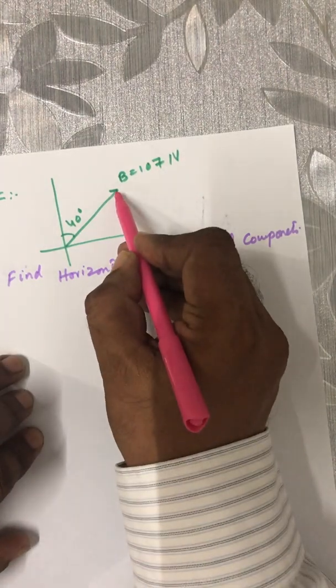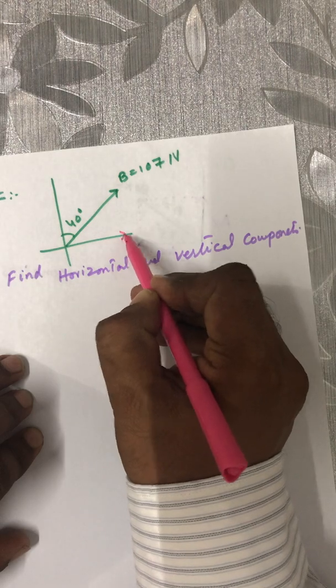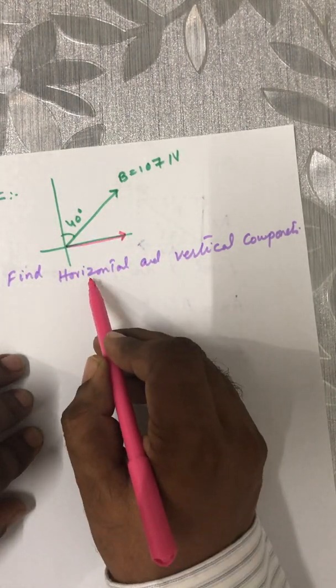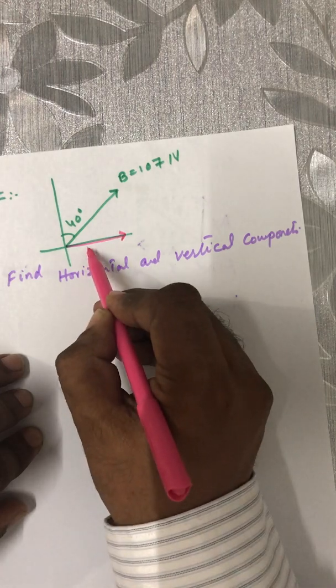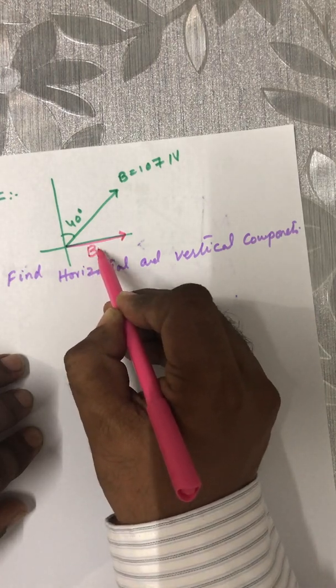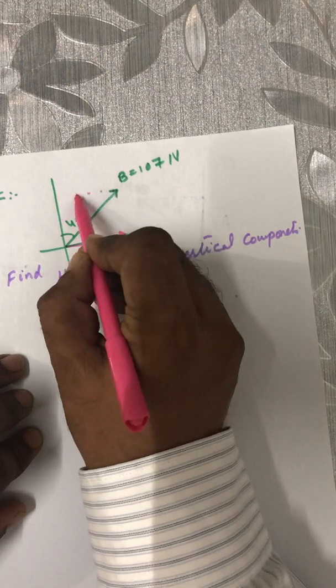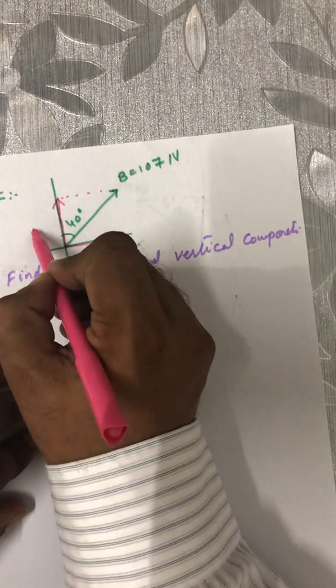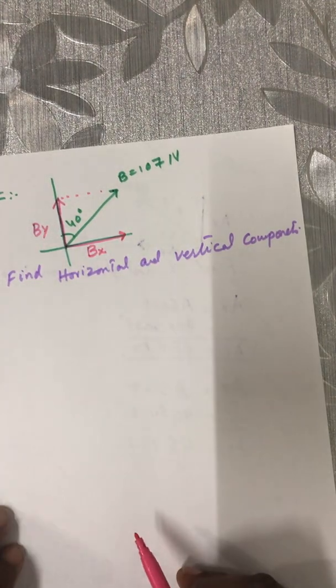The vector part along the x-axis is the x component or the horizontal component. If I draw a perpendicular along the y-axis, I will get its y component, that is By. So we got Bx and By here.